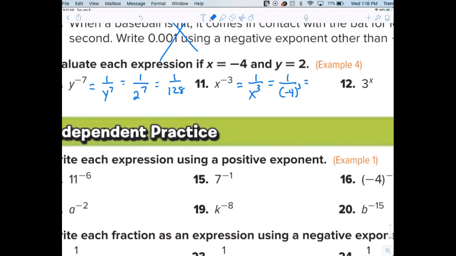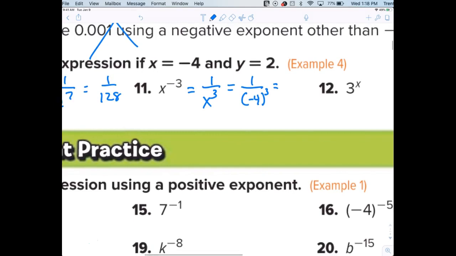If you don't put it in parentheses, it'll give you a negative. But because it's to the 3rd power, it's going to be negative anyway. So now 4 times 4 times 4. What is that? 64. So the answer here is negative 1 over 64.